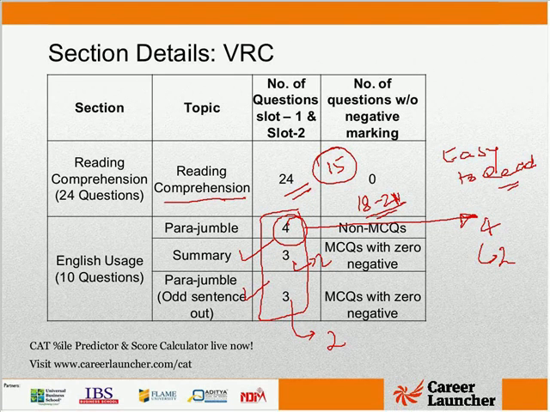And the problem with parajumbles without choices is, while you may be able to say statement 2 and 4 have to be together, it does not help you to get to the answer till you crack the others also. So it's a 0-1 situation. In the MCQ parajumbles, you can at least eliminate choices and come close to the answer. Here, that option is not there, and maybe 1 will be right.